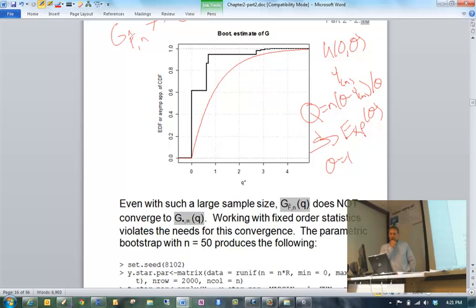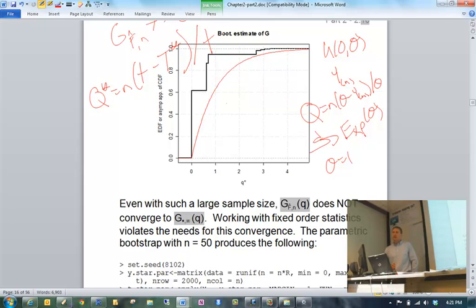And so what this basically represents is if you know what f is, then you know what the actual sampling distribution is for your statistic of interest. We'll just call it Q. And what you would hope then is when you do this with the bootstrap, you would hope that you would get the same thing.